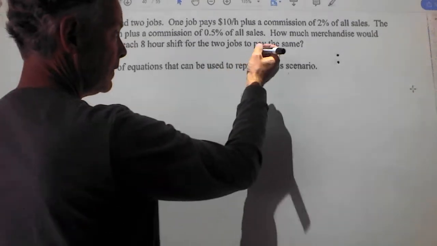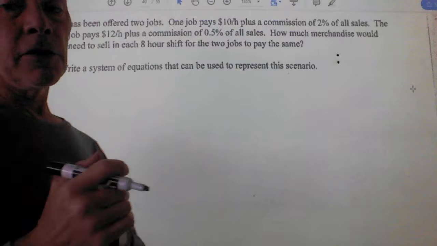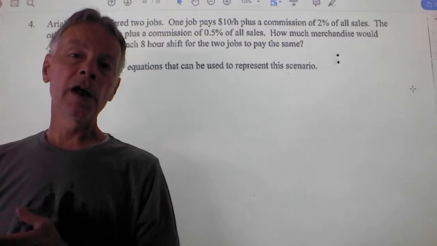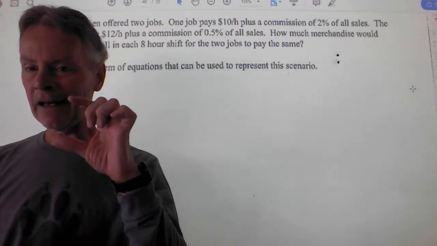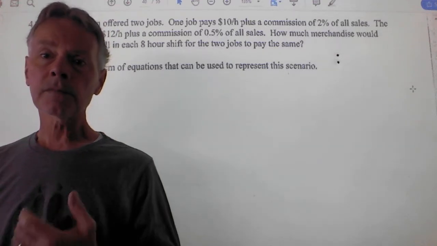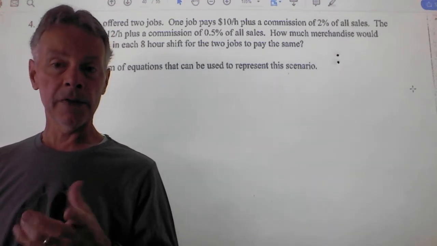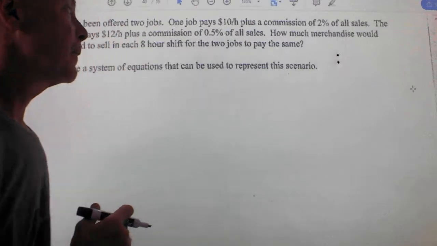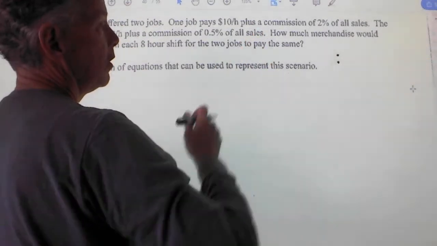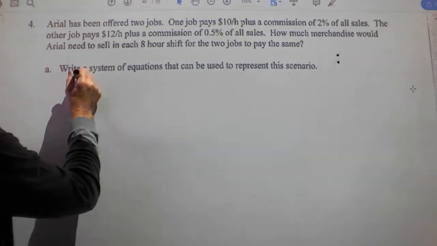Okay? So, as I mentioned in an earlier video, with word problems, usually at the end of the description, they'll give you some idea of what the variables are that you're looking for. Okay? So, we're looking for the 2 variables.